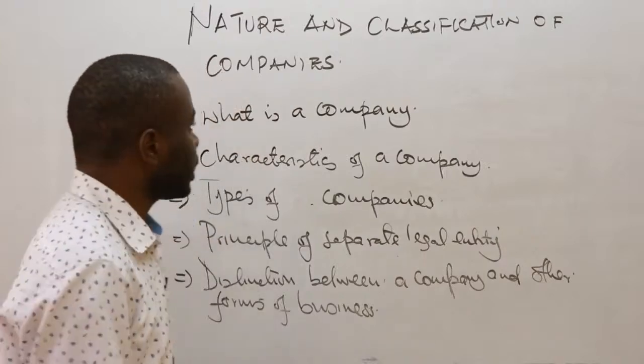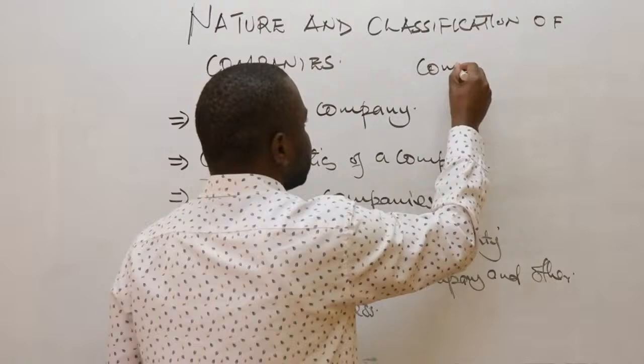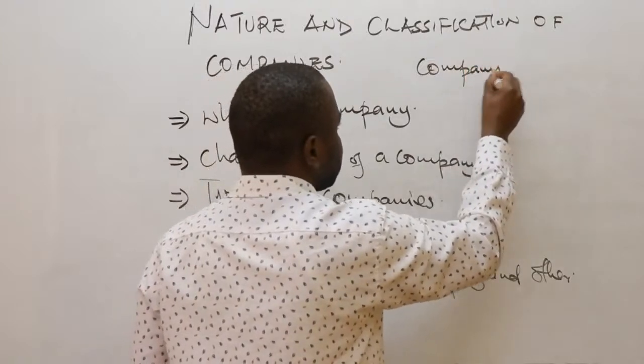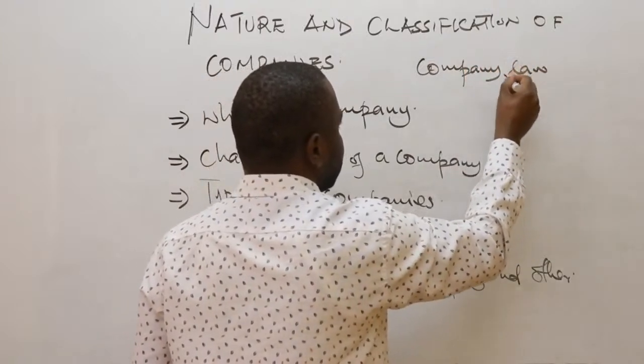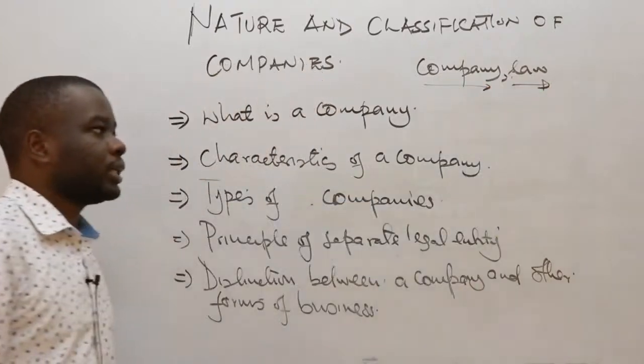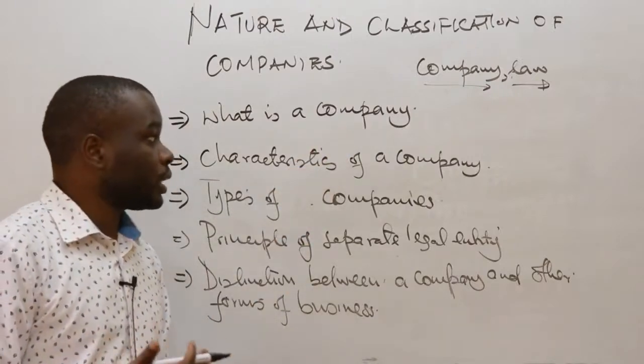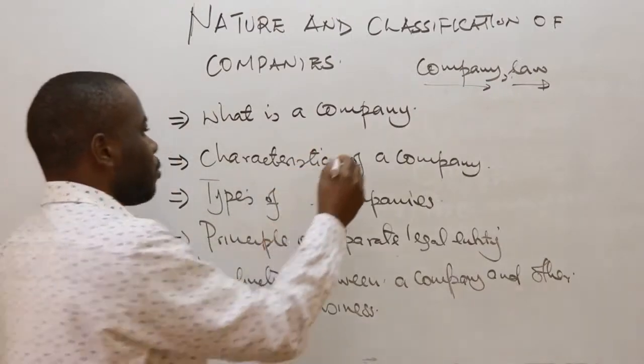So generally, we are talking about company law. You can see we have company, and then we have law. When you talk about a company, the first thing to know is that a company is a form of business.